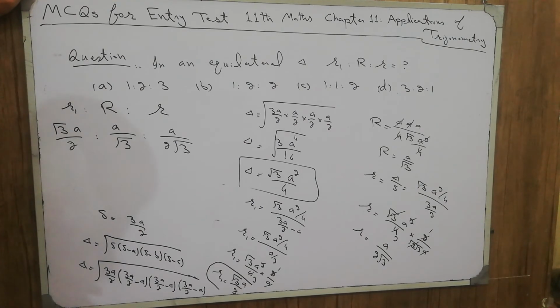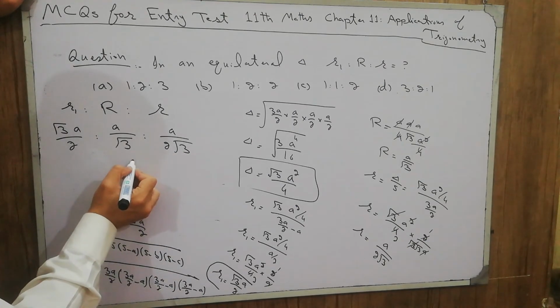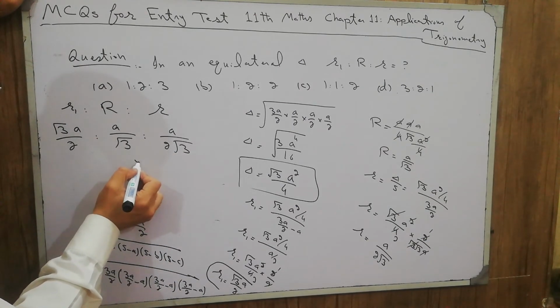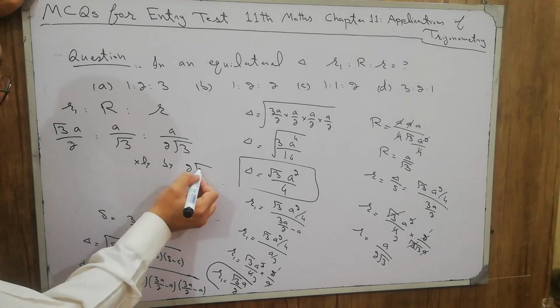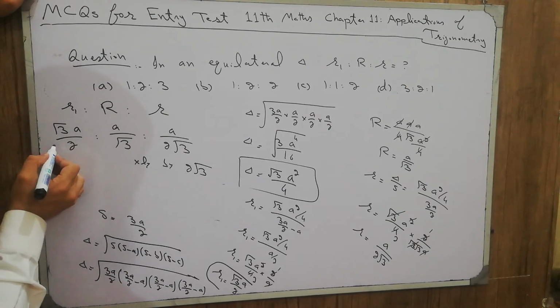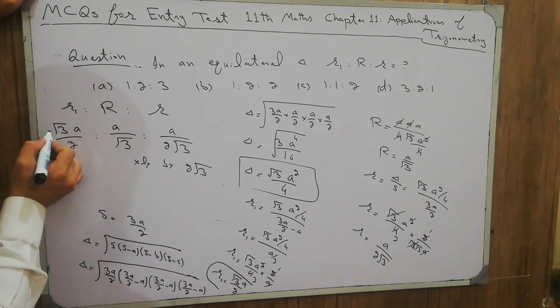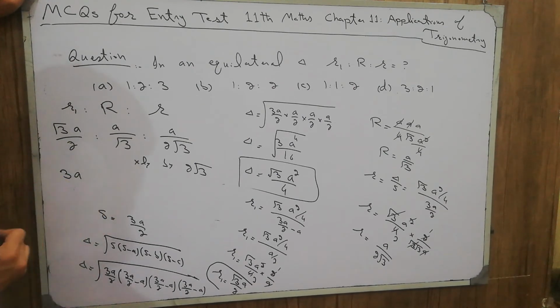So now I can simplify this by multiplying by 2 into the square root of 3. Multiplying the first by 2 into the square root of 3, 2 is cancelled with 2, the square root of 3 and the square root of 3 give 3A.